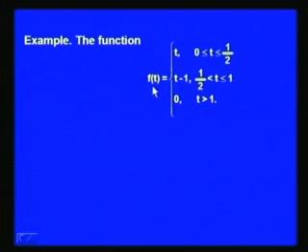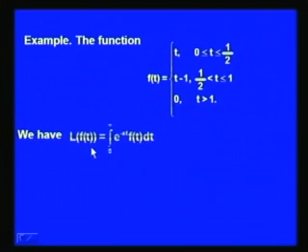Now, let us take an example of the function f t defined as f t equal to t when 0 is less than or equal to t less than or equal to half, t minus 1 when half is less than t less than or equal to 1, and we define it equal to 0 for all t greater than 1. Let us see what the Laplace transform of this is.